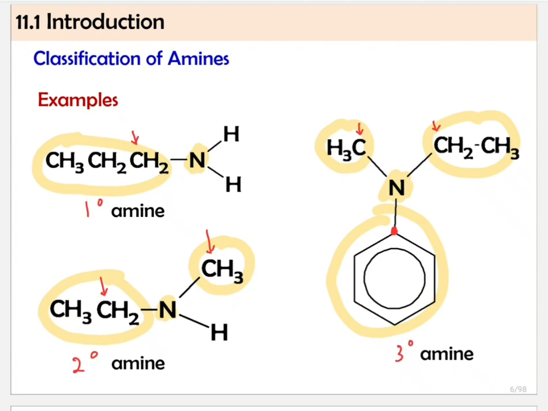Or lagi kalau nak further lagi classified, this is aromatic amine. Okay, sebab nitrogen is directly bonded to the benzene ring. Okay, so hopefully boleh faham beza aliphatic amine dan aromatic amine, and then boleh kelaskan the compounds. Okay, for amines lah, primary, secondary or tertiary. Okay, jadi kita dah habis 11.1.